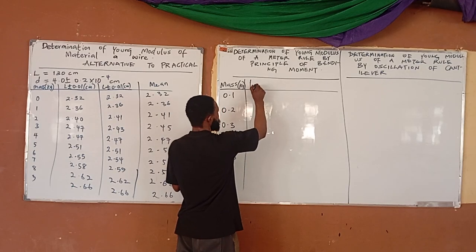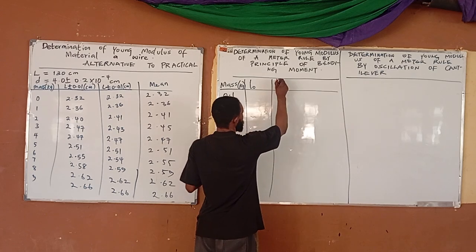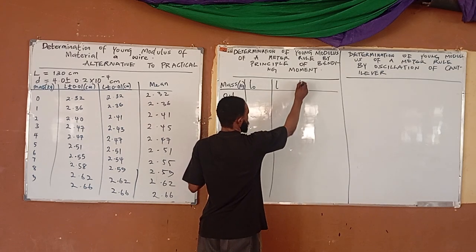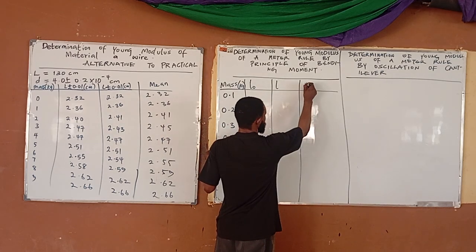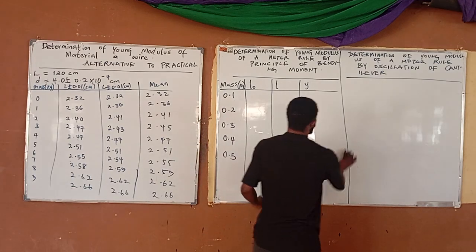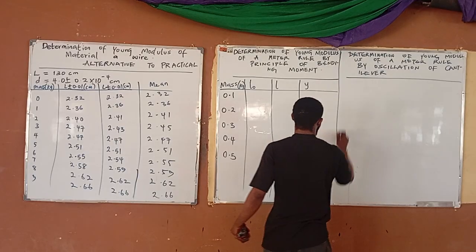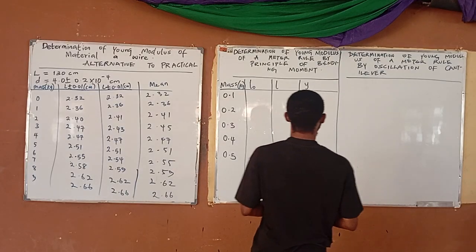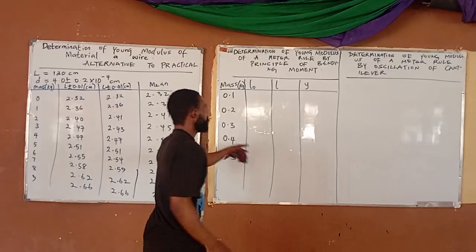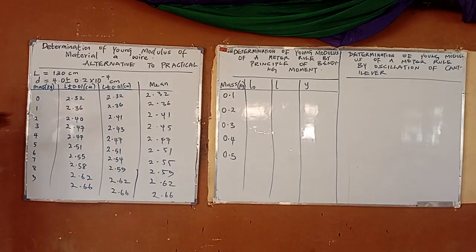So let's say this is the initial length, the first length I'm checking out. Then let's say this one is L. We'll talk about it. Then let's say this is Y. So I'll start with these two before doing that so that I can use that space to write. Then after we'll now read that one.